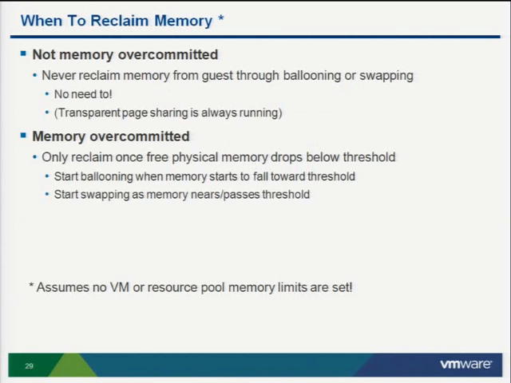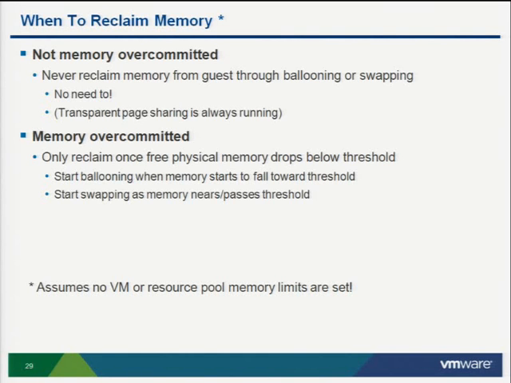So, when do we reclaim memory? Well, if you're not overcommitting memory, then memory will never be reclaimed through ballooning, compression, swapping, because there's really no need to. No other VM will need it. Every VM can be fully satisfied. If your memory is overcommitted, then the hypervisor actually monitors the amount of free memory in the system, and as it drops toward the threshold, ballooning will start.